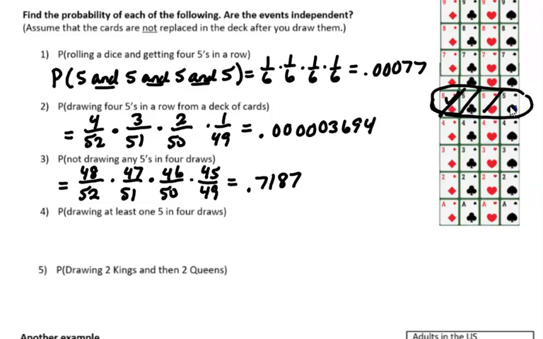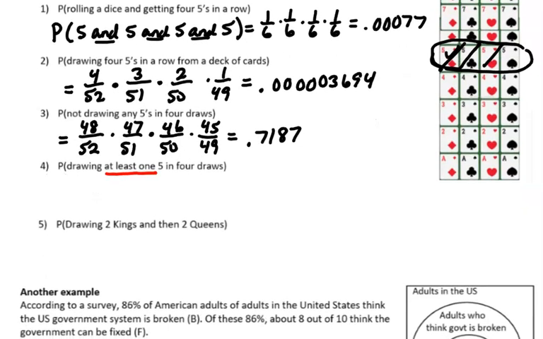So when we calculate this at least 1, we're going to think about something called the complement. Remember, the complement was the opposite of a probability, in other words, 1 minus the probability. So what's the opposite of getting at least 1?